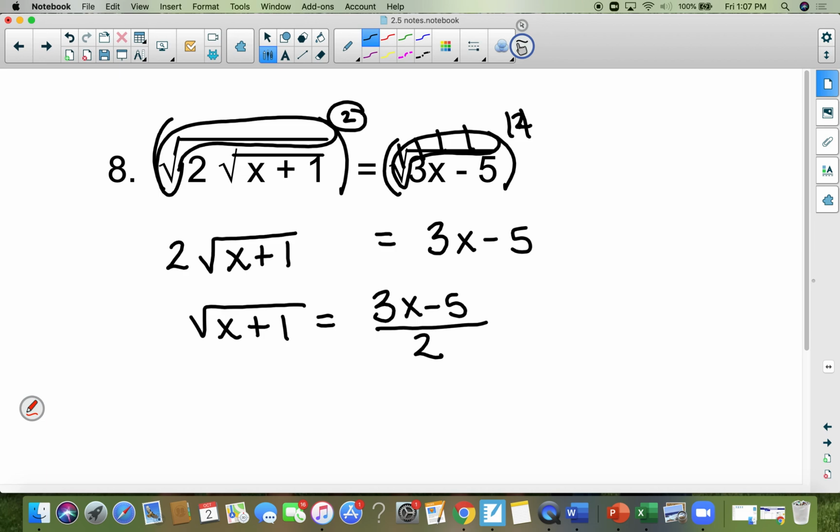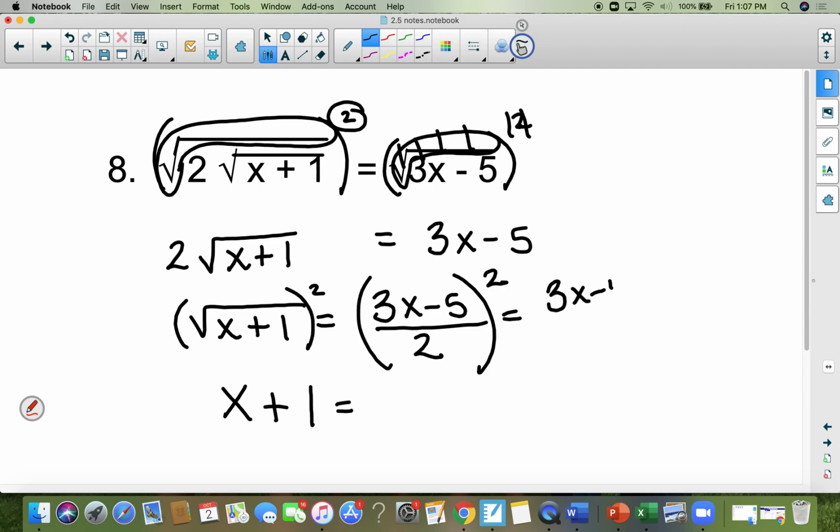So I'm getting the radical alone, and after you get the radical alone, you can square both sides. You're going to get x plus 1 on the left-hand side. Just like you do a radical, you can break this up into 3x minus 5 squared over 2 squared.